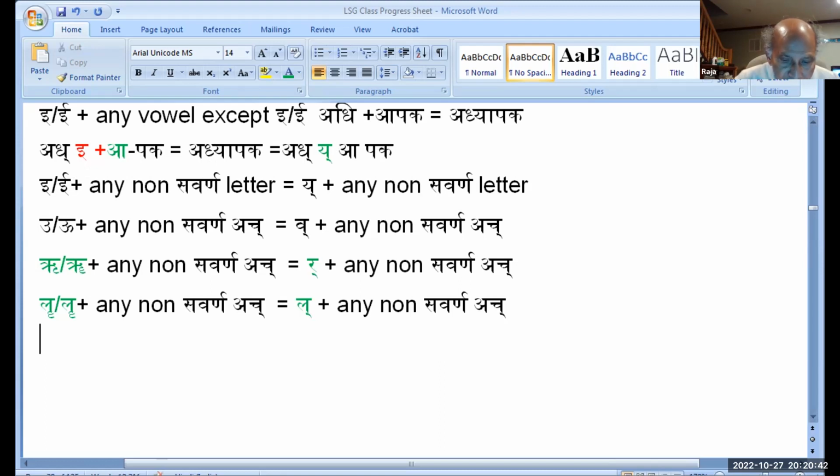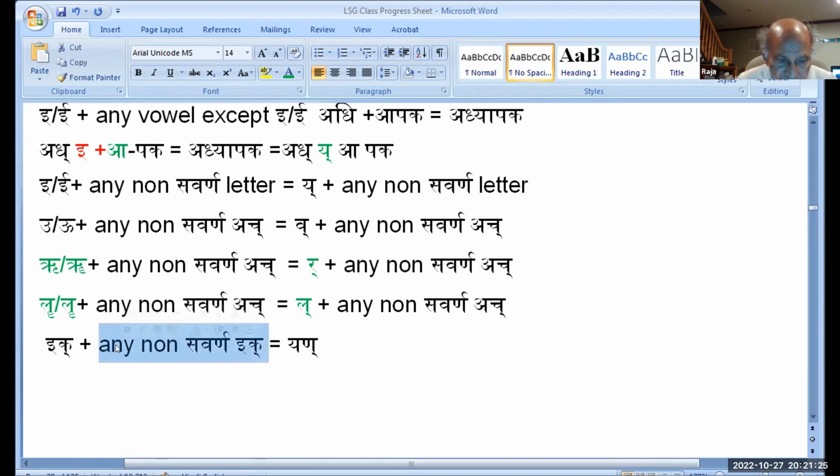If I put it in a Maheshwar Sutrani, Ik plus any non-Savarna, then E is replaced with Ya, U is replaced with Va, and so on.